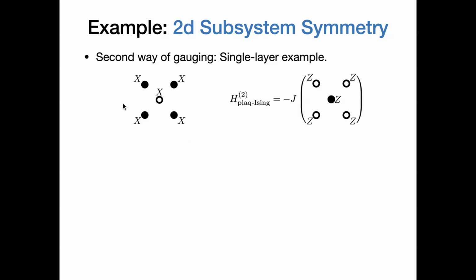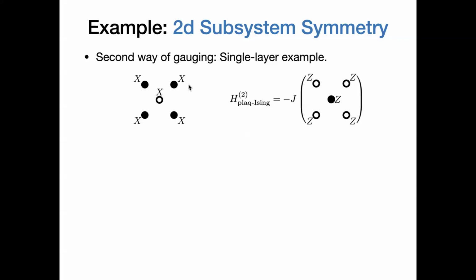And then after defining this local symmetry, we need to modify the Hamiltonian term in order to commute with this symmetry. And the minimum way of doing it is actually very simple. We just add another Z at the plaquette center for each four-Z term, and you can check that this operator commutes with this local symmetry.